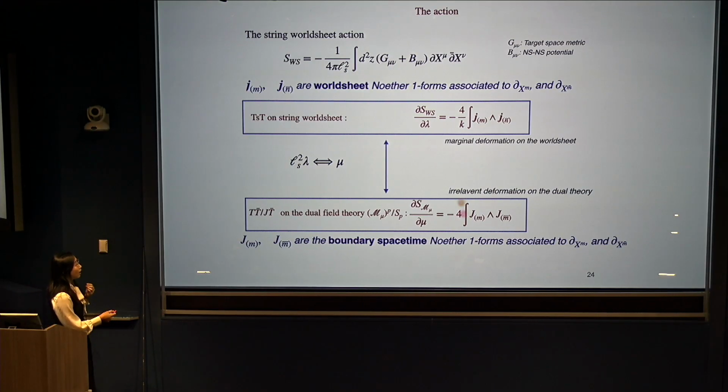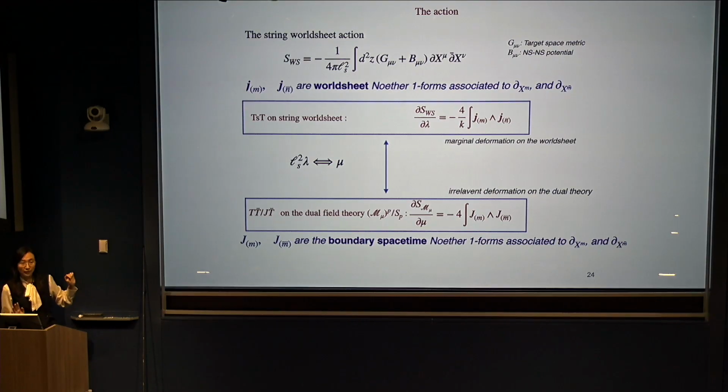So in the bulk, we do a T along the null direction and a T bar along another null direction, and these currents are the worksheet Noether currents of these two null directions. If you remember the dictionary I mentioned at the very beginning, the two null directions in the bulk are mapped to null directions in the CFT. And in the CFT, the currents that generate these null translations are just the stress tensors.